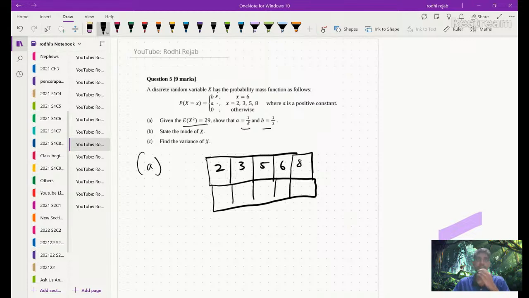So for 2, 3, 5, and 8, the probability is A. And for 6, the probability is B.